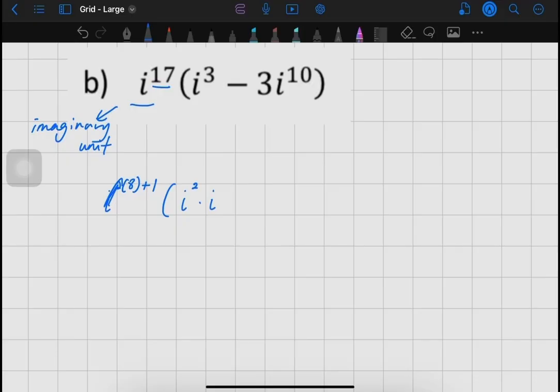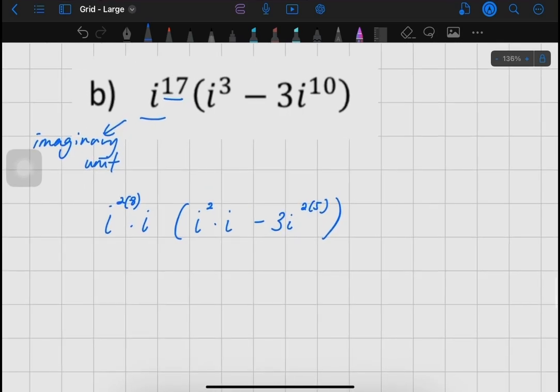We should do it like this: i to the power of 2, i to the power of 2 times 8 times i, minus 3 i to the power of 2 times 5.